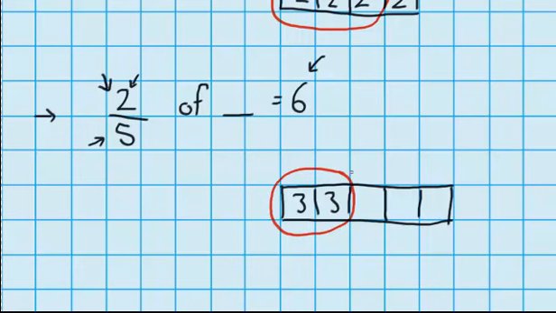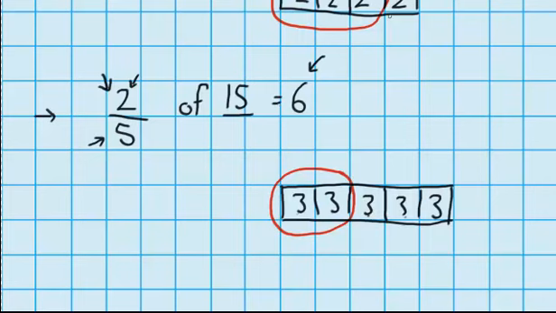So now you can see if there's 3 candles on each of these pieces, there must be 3 candles on these pieces. So now it's easy for me to add all of these up and work out how many candles must have been on the whole cake. 3, 6, 9, 12, 15. So 2/5 of 15 equals 6.